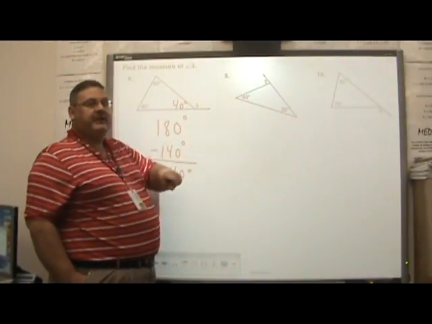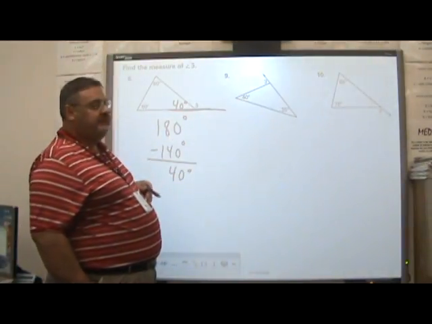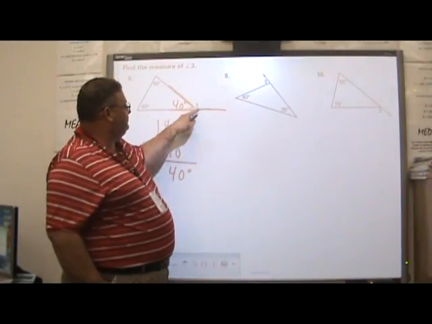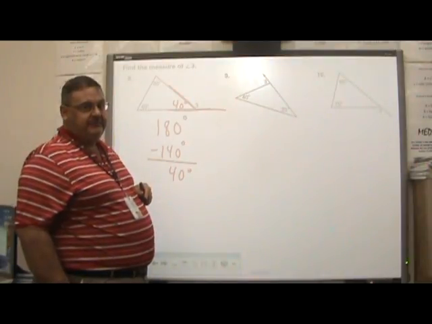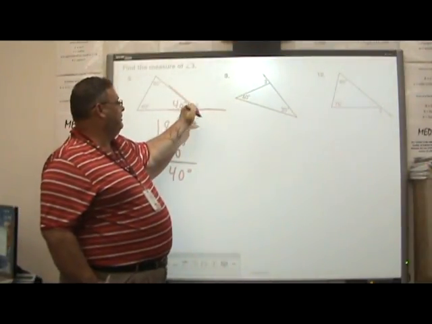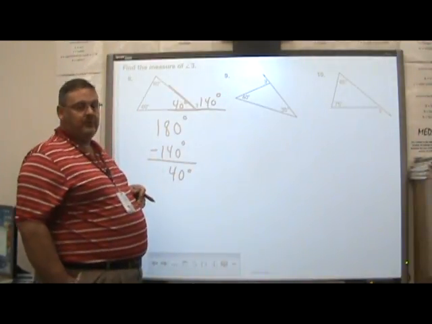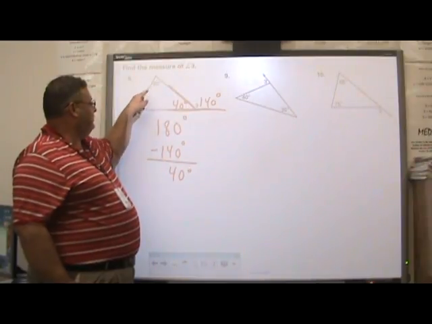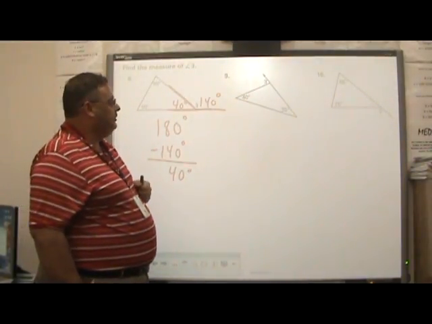And if you remember from the last video, a linear pair is 2 angles whose non-shared sides form a straight line, and they must add up to equal 180. So 40 plus what equals 180? You can take the 180, subtract what you know to find it, and cut across.